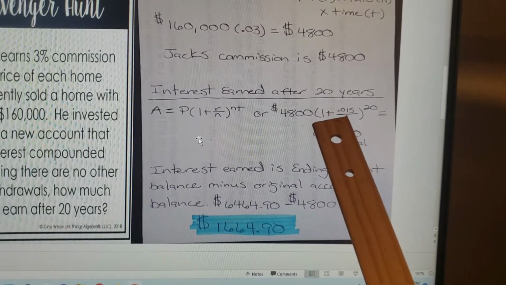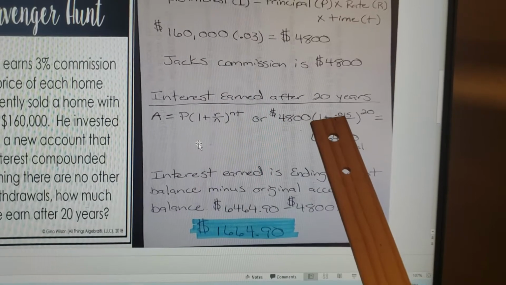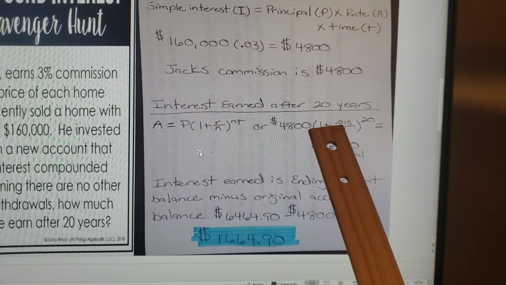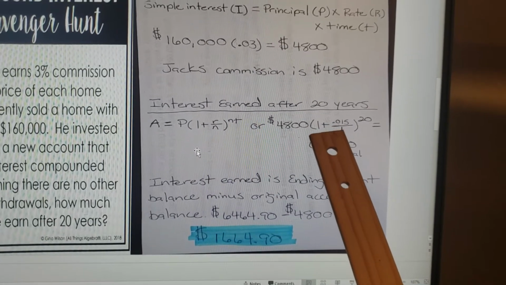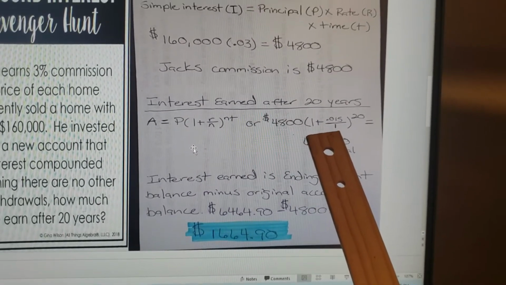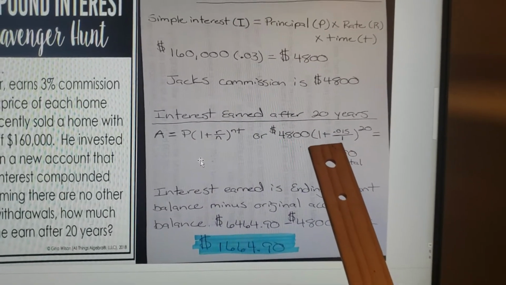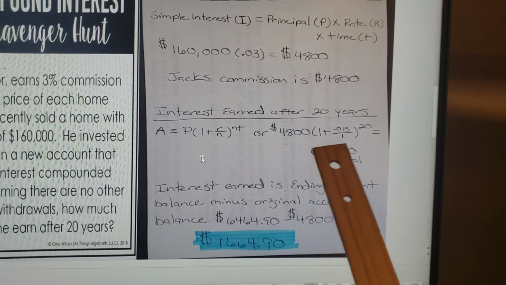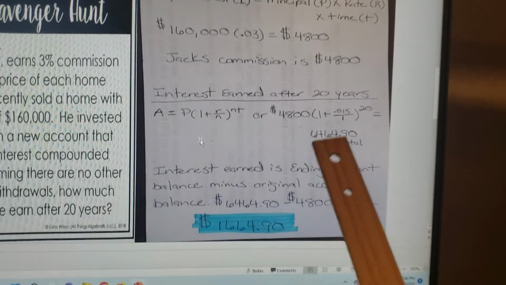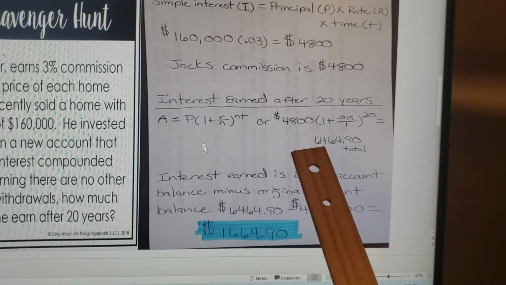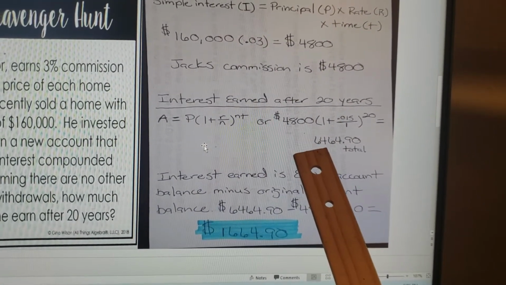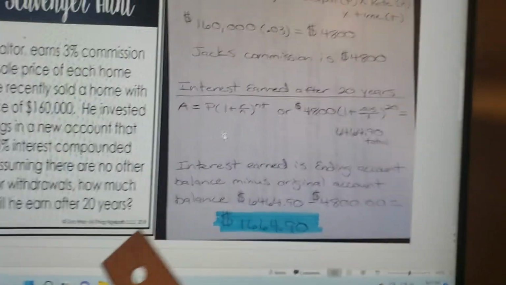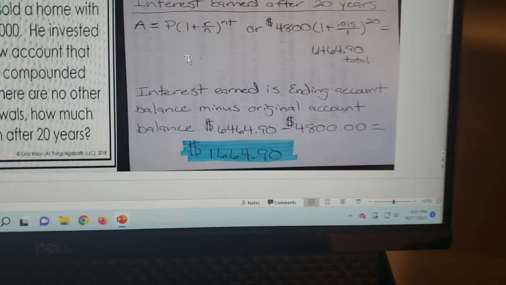The rate is 1.5%, which turned into a decimal would be 0.015. It's compounded annually, which means it would be divided by 1, and then it's multiplied by 20 years. And you would come up with $6,464.90 total.